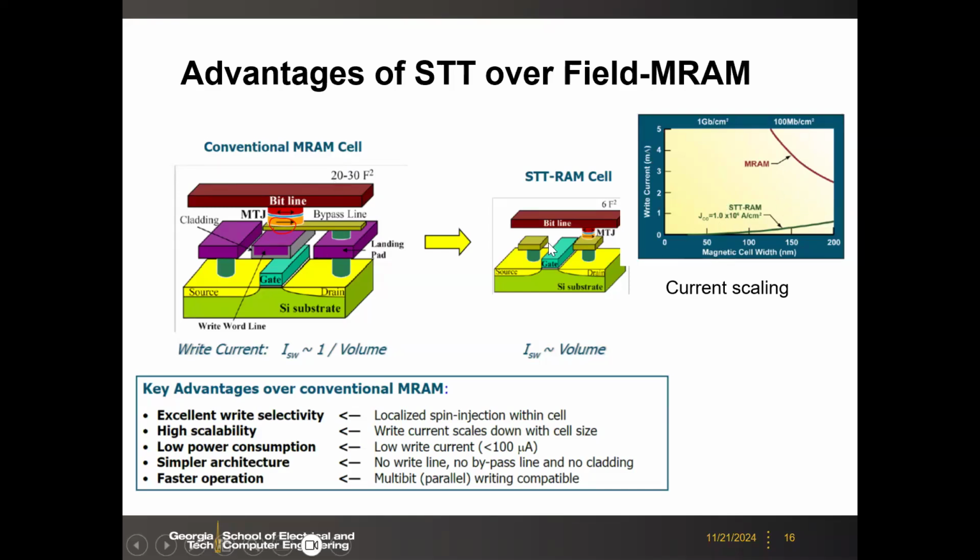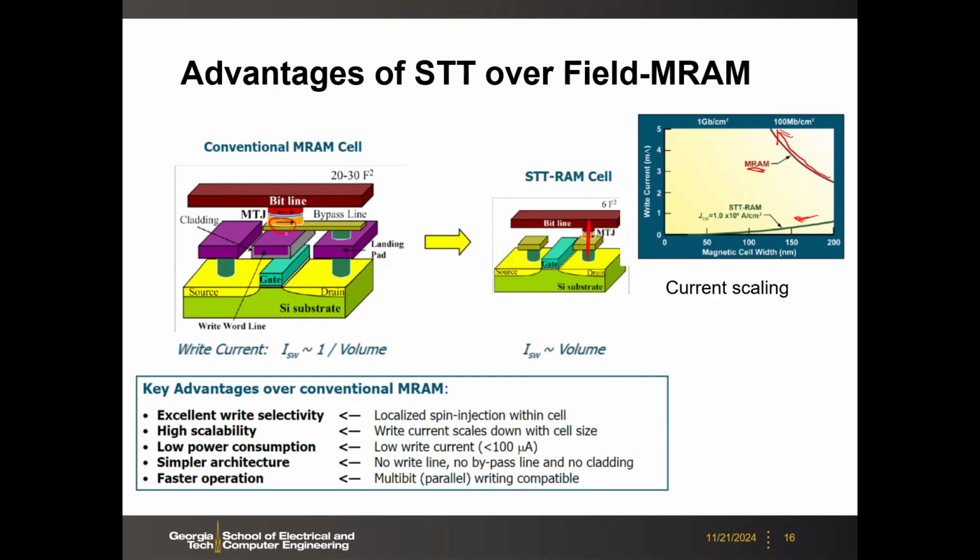But then in the STT-MRAM, we are going to apply the current through the MTJ. So the smaller the MTJ, the smaller the current. So here you see the scaling trend in terms of the MTJ cell dimension. As we scale the STT-MRAM, the switching current will also scale. But for the field MRAM, the current will further increase.